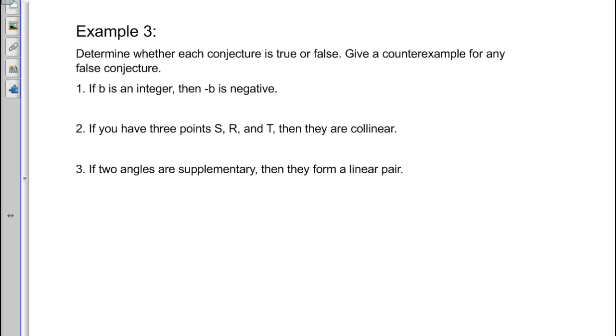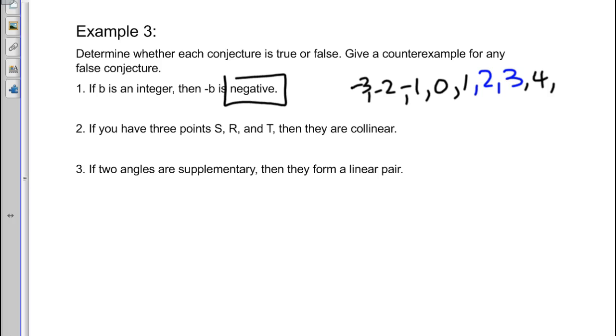If b is an integer, then the opposite of b is negative. Integers are whole numbers and their opposites. So it says if I pick one of these numbers and I take its opposite, the result is negative.